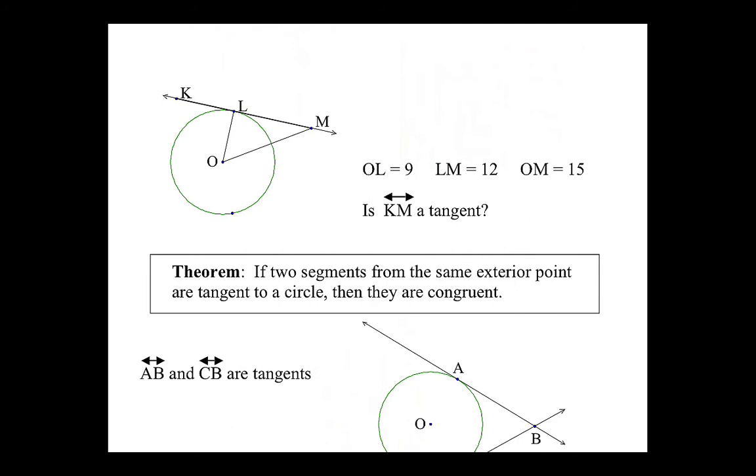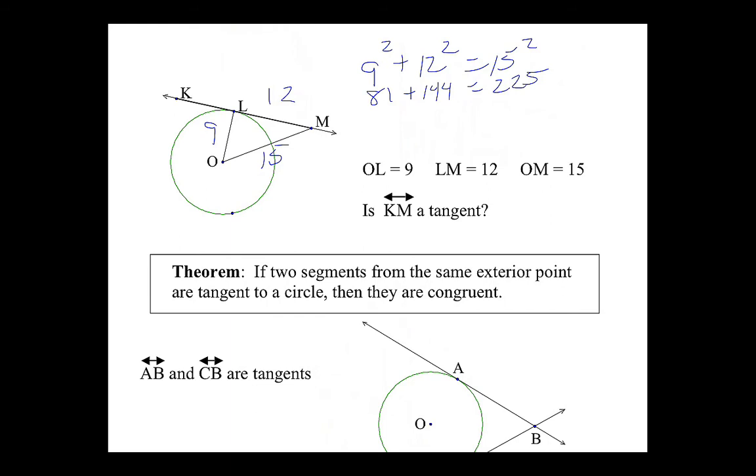So here we have OL is 9, LM is 12, and OM is 15. We learned in a previous chapter how to decide what type of triangle that is. If we plug those numbers into the Pythagorean theorem, 9 squared plus 12 squared equals 15 squared, we're going to get 81 plus 144 equals 225.